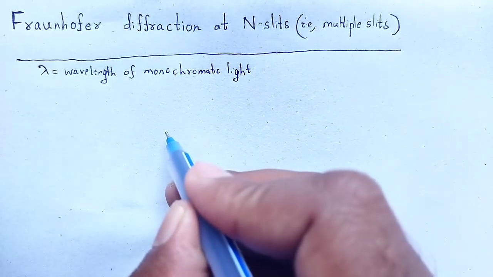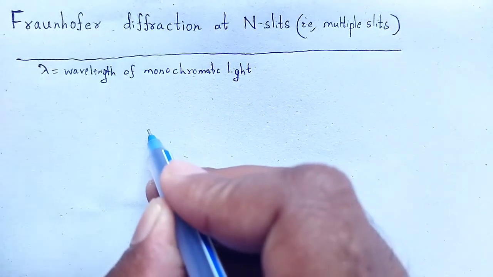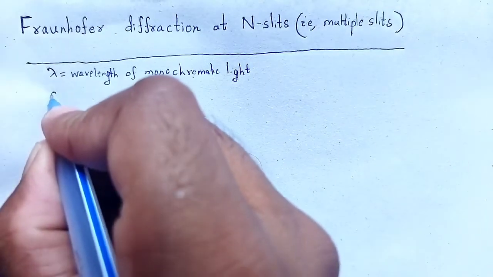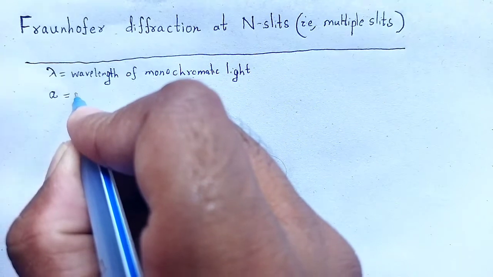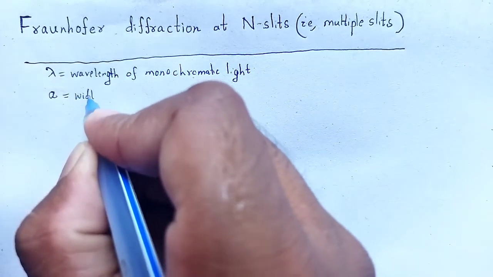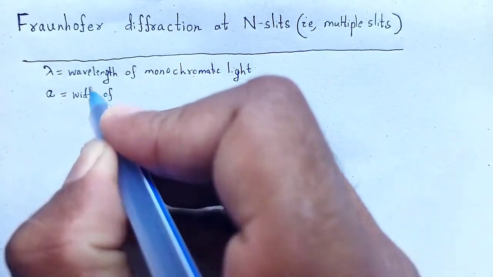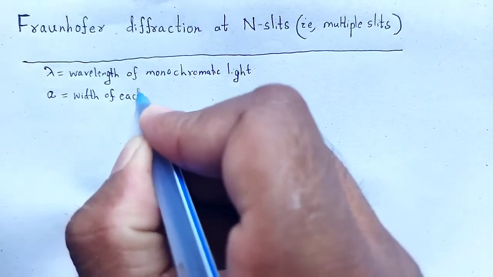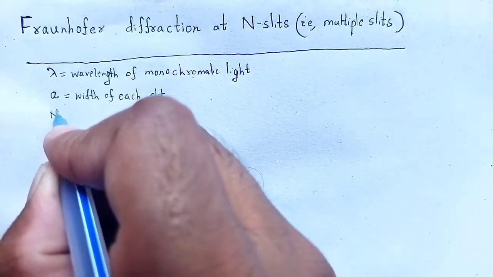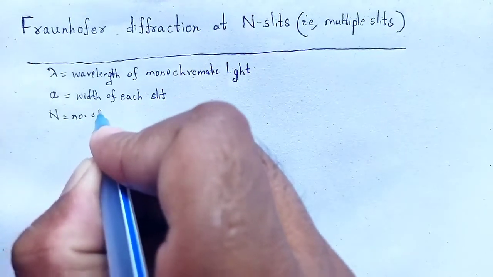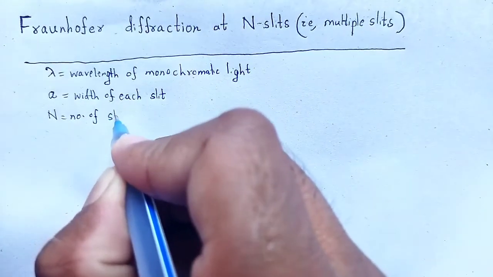Each slit having the width a, the width of each slit, and capital N is the number of slits.